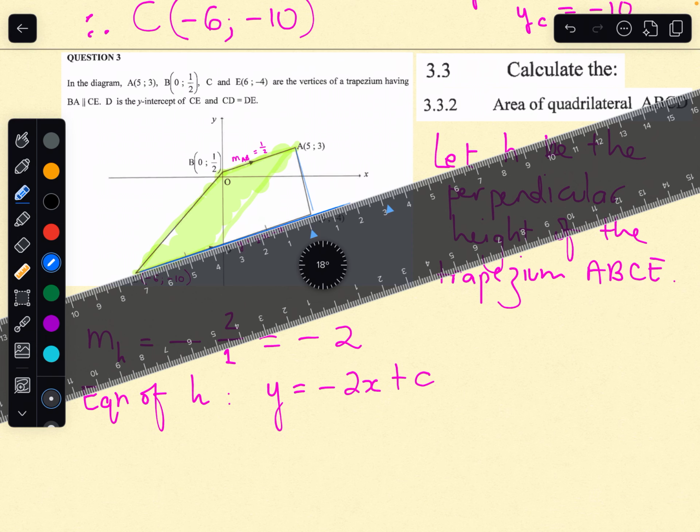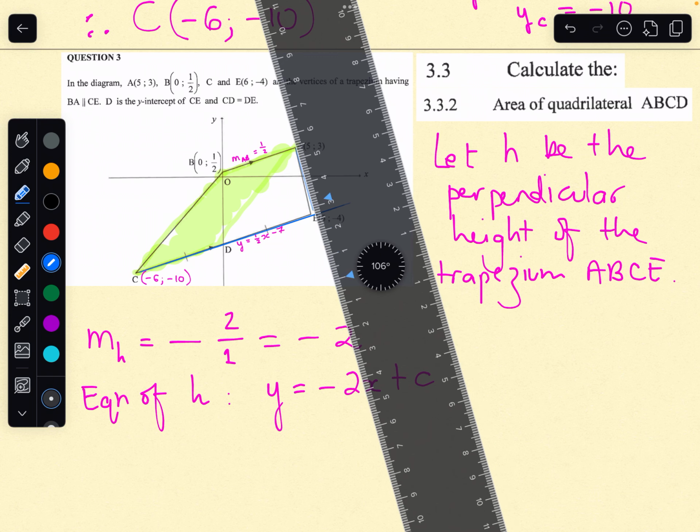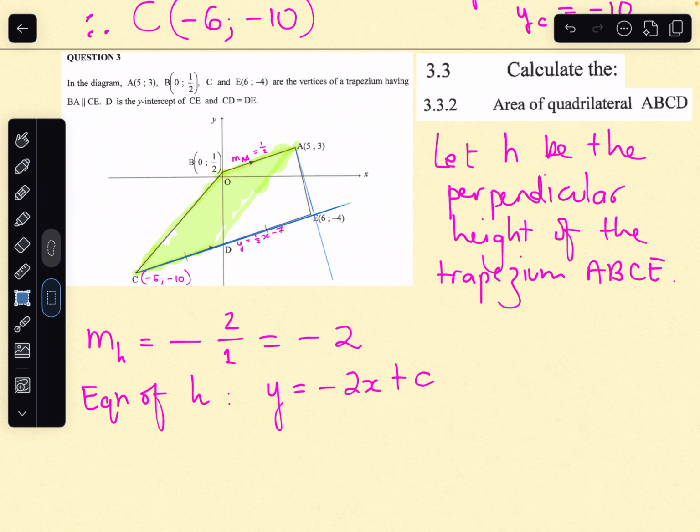So this, I'm trying to find the equation of this line. Why do I need to find it?